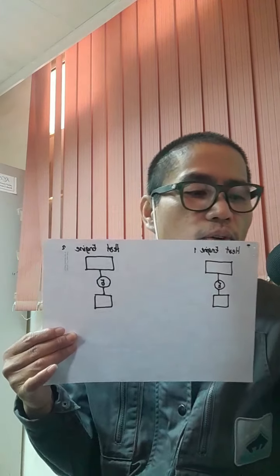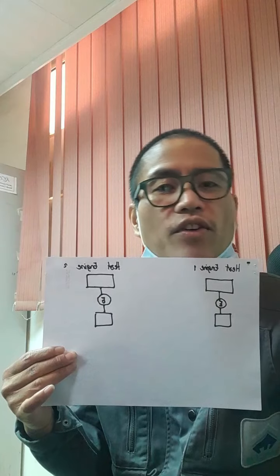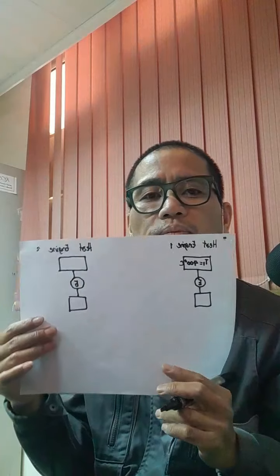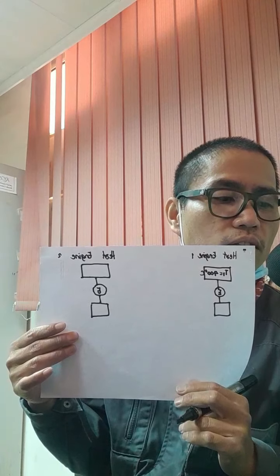Now in the first environment, the first heat engine draws 12,000 kilowatts from a source at 400 degrees Celsius. So we have temperature 1 equal to 400 degrees Celsius, and it draws 12,000 kilowatts from a source. So it draws 12,000 kilowatts, meaning to say this is a positive heat.